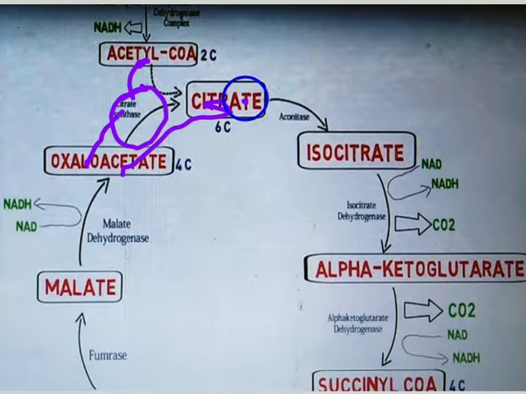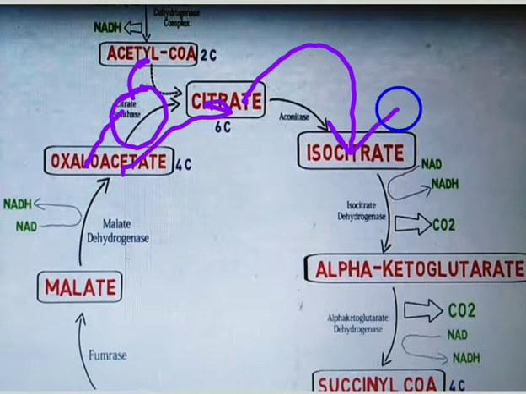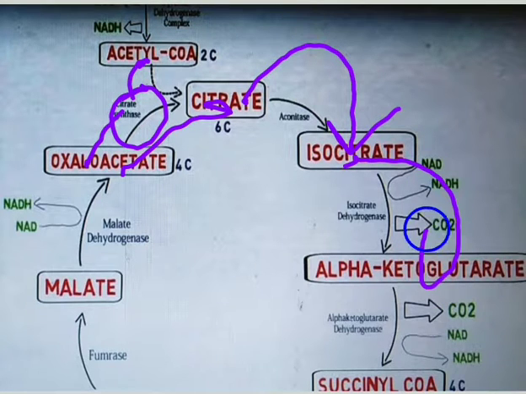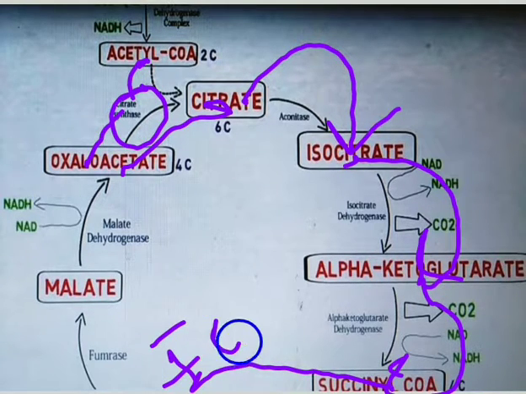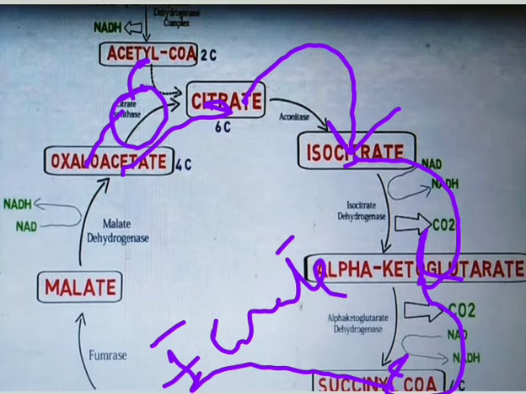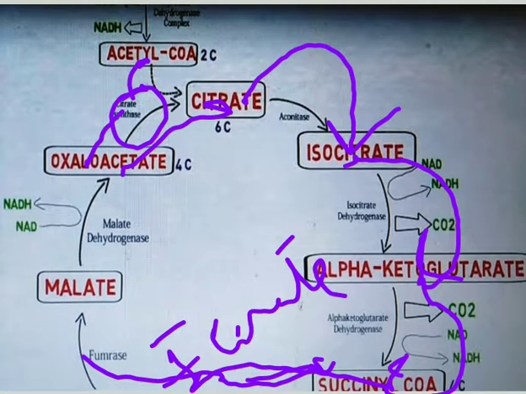Then citrate is converted into isocitrate. Isocitrate is converted to alpha ketoglutarate. Alpha ketoglutarate is converted to succinyl CoA. Succinyl CoA is converted to fumarate. Here fumarate is not clearly shown in the slide, so after succinyl CoA you will write fumarate and then malate.